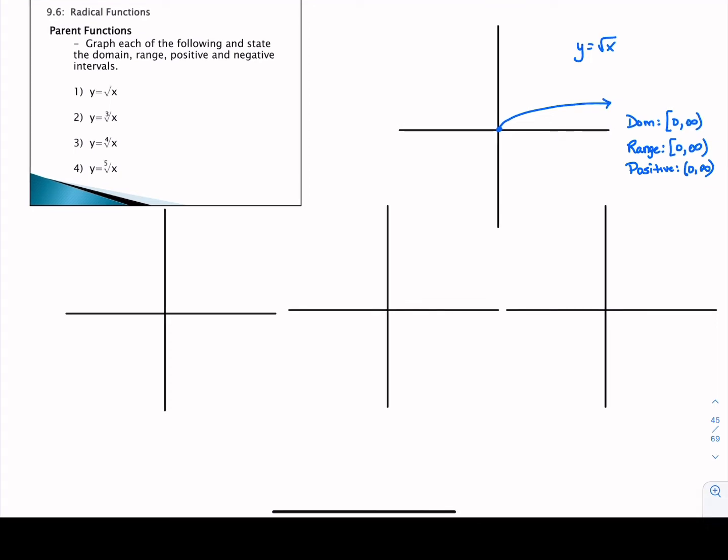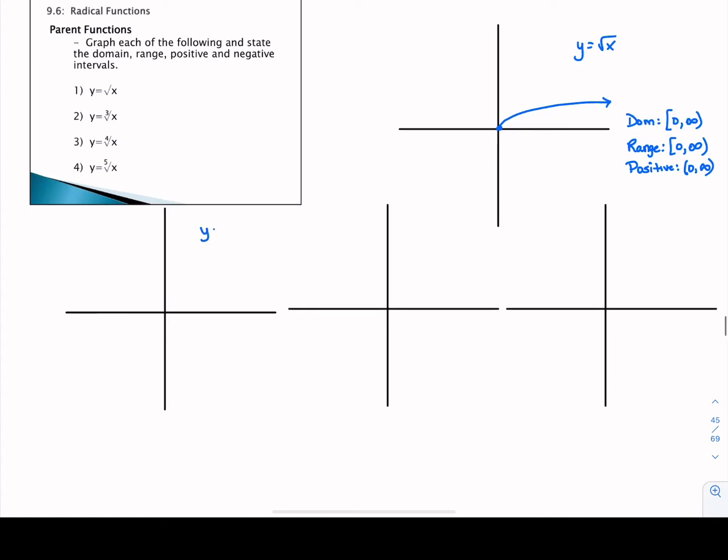The second function we graphed was y equals the cubed root of x. So if we sketch that function, it sort of looked similar to this, sort of an S shape. What we can recognize this time is it has a very different domain. Because we can take the cubed root of positive or negative numbers, the domain of this function is from negative infinity to positive infinity.